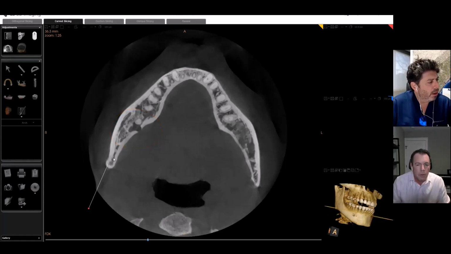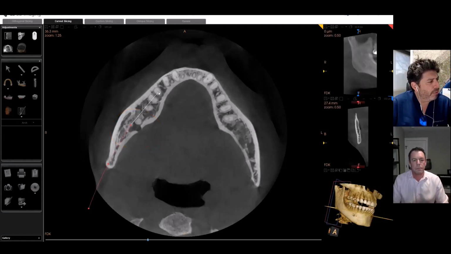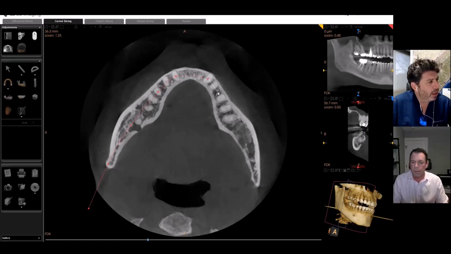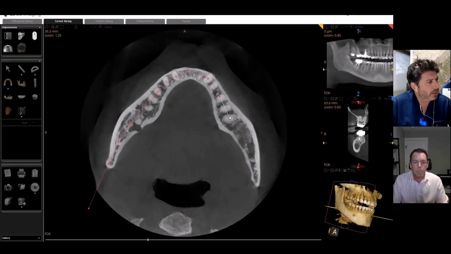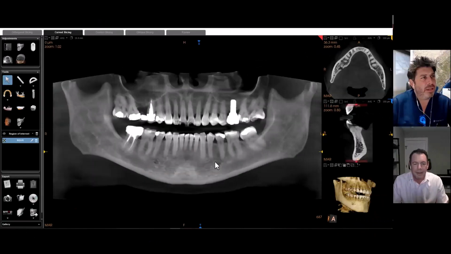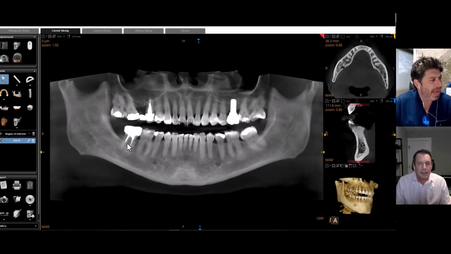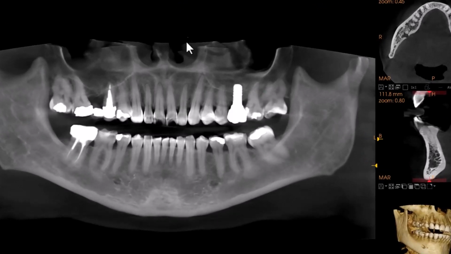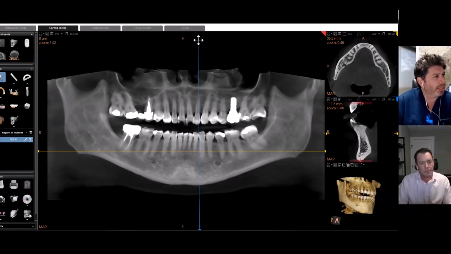So we trace the arch from the right side all around. I try to use the nerve canals to trace the arch. So now you have the panoramic view, which everyone is consistently looking at in their practices. And you see here, this is kind of subtle. There's a root canal. Maybe this is a hint of something, but you don't really know exactly what's going on.